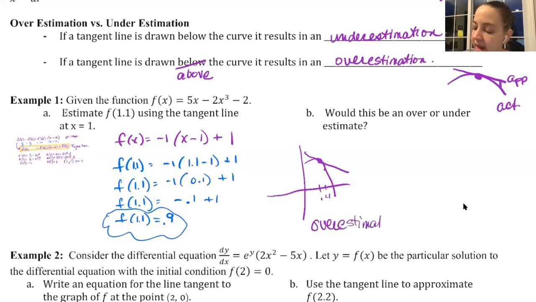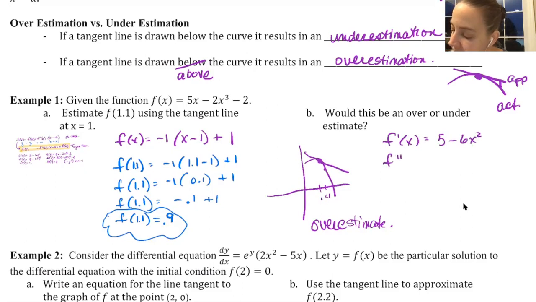But if I can't use my calculator and I can't graph this, how do I know? Well, you got to know if it's concave up or concave down. And concavity actually comes from the second derivative. Concavity comes from the second derivative. We'll do more of that later. But the first derivative we had said is 5 minus 6x squared.